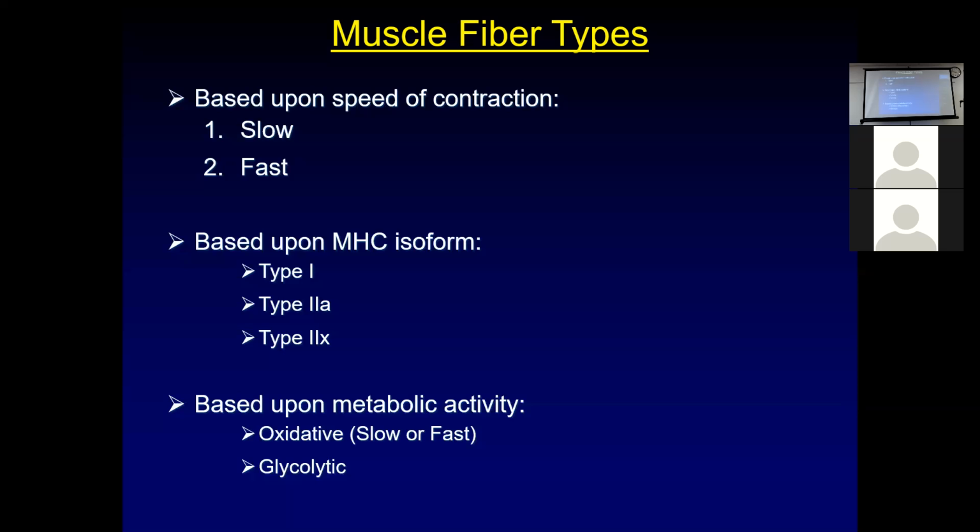If I have a slow twitch fiber, that time is going to be slower, and so it's going to look more like this. What that means is I may get the same force, but it takes a little bit longer, it's slower to rise up to that peak force, and it's also going to be a little bit slower to relax back down.